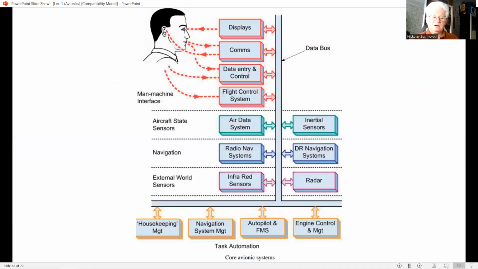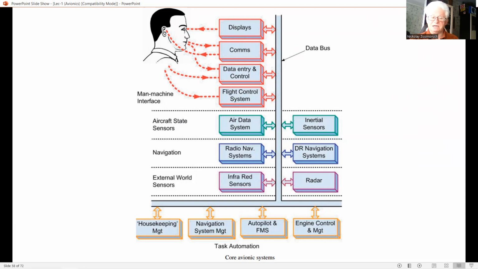The above brief summaries cover the roles and importance of the avionics systems shown in this slide. It should be pointed out, however, that there are several major systems, particularly on military aircraft, which have not been mentioned.